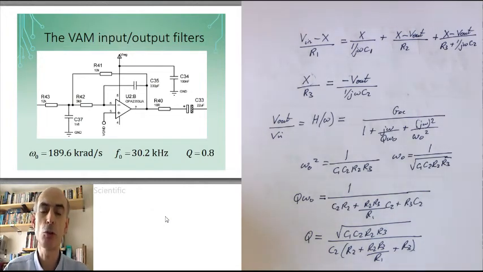It's designed for an audio system to get rid of any frequencies above the human hearing range while giving as flat a gain as you can to all of the frequencies within the human range. And they've done that by picking a resonant frequency of around 30.2 kHz and a Q factor of 0.8, which is about as close as you can get to 1 over root 2 with practical component values.